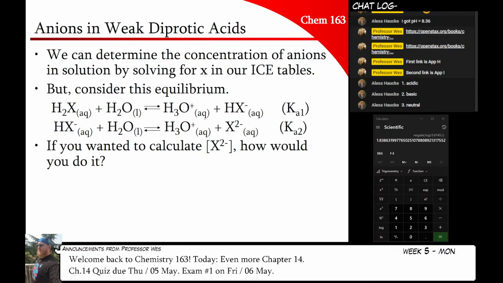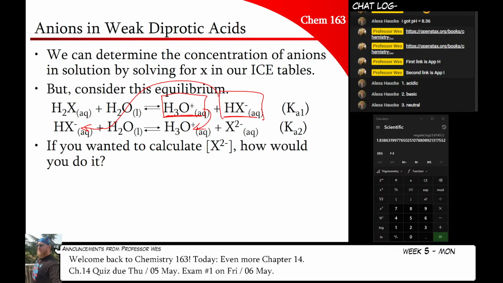And really, it's quite straightforward. If I do this first equilibrium, I will find out how much acid is in there and how much HX is in there. Well, this number is just going to go right here. And then this number will just go right here, and we set those as the initial amounts. Then we look at Ka2, and we do the problem again. And then we could do that again and again and again for however many Kas we have.